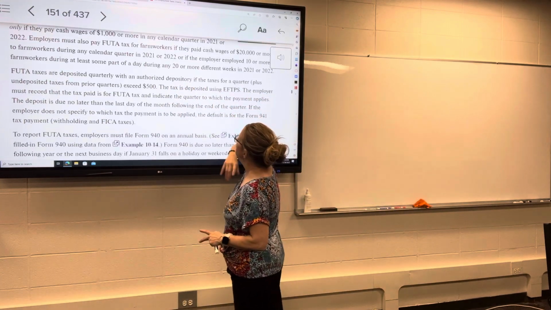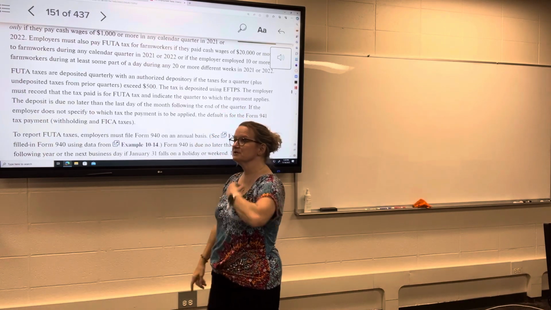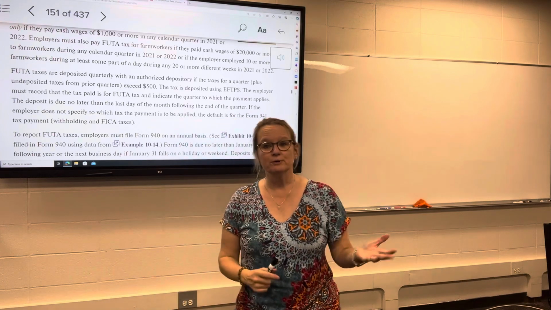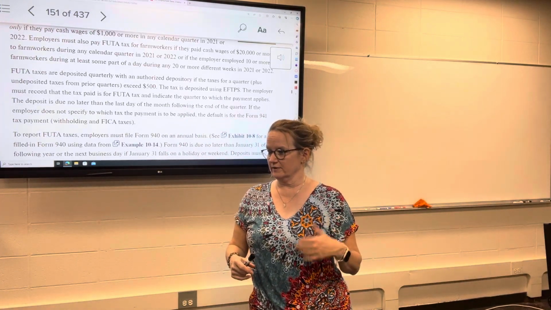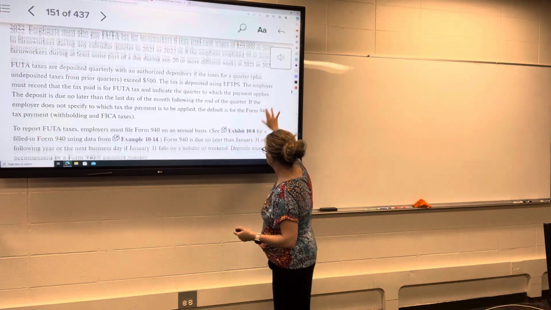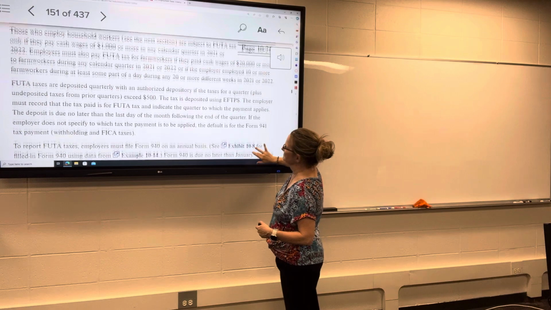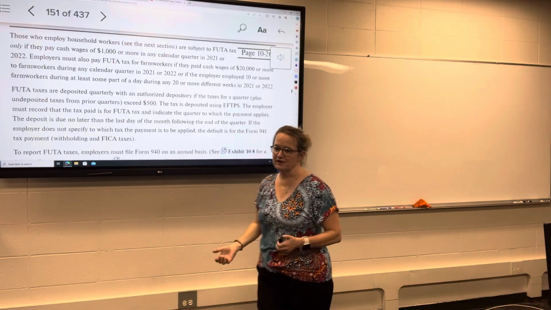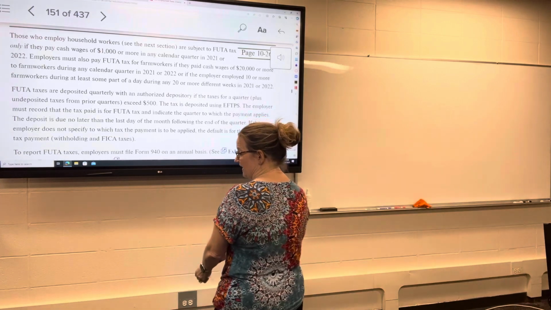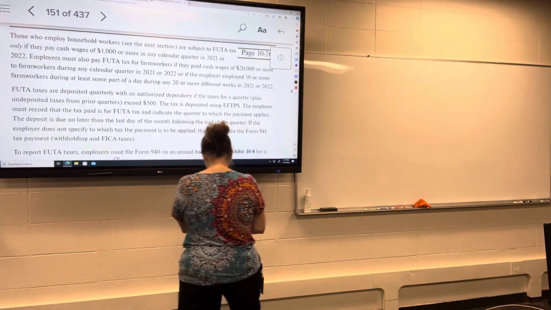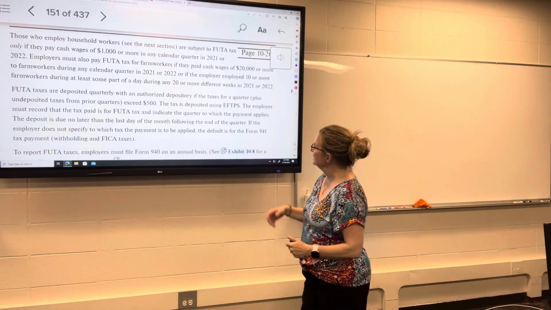So they are deposited on a quarterly basis. Now the FUTA taxes, household employers still have to file a Form 940, and I guess we probably talk about the 940 down here. I have an example of it somewhere. So they still have to file that Form 940. The same requirements for filing it for household employees apply for regular employers as well.